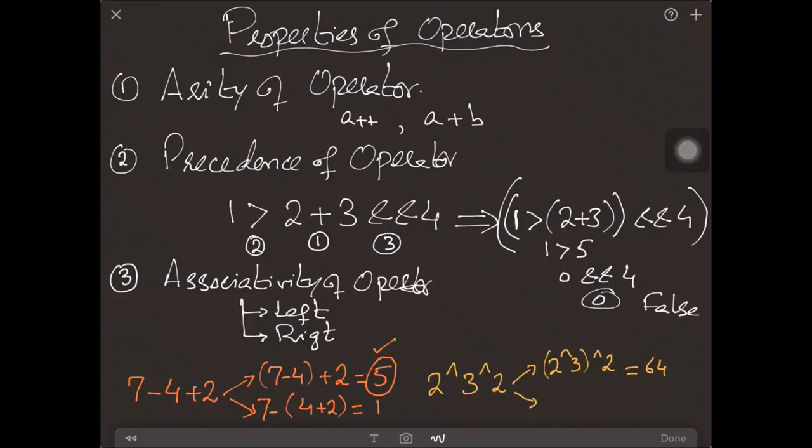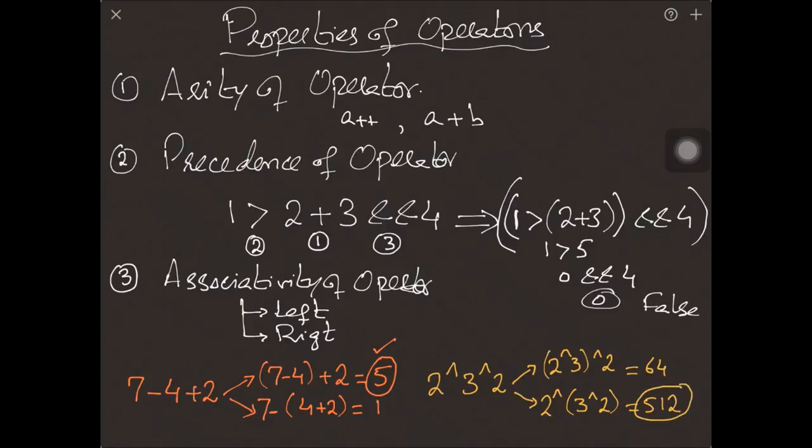Some of you might think the exponent operator is right associative, so they will perform 3 hat 2 first and then this exponent. So 3 hat 2 means 9 and 2 hat 9 is 512. If you try it in a C program or on a calculator, you will find this result. That means the exponent operator is right associative.